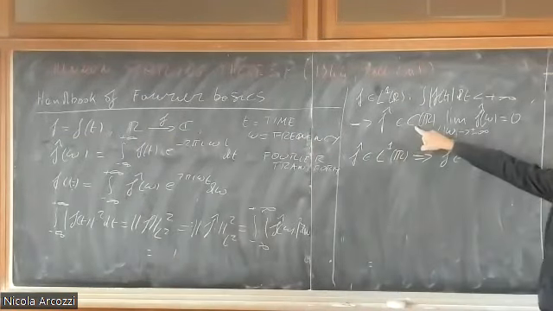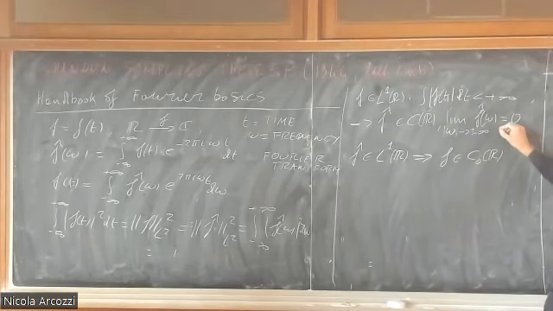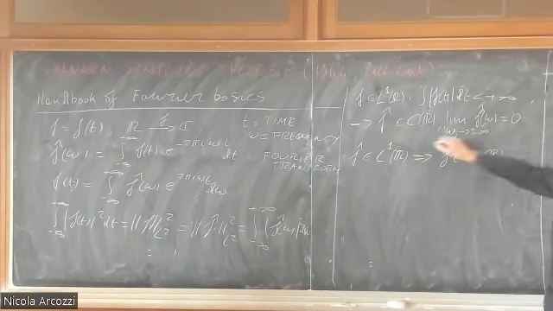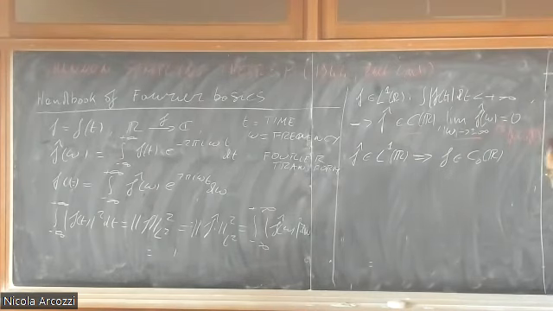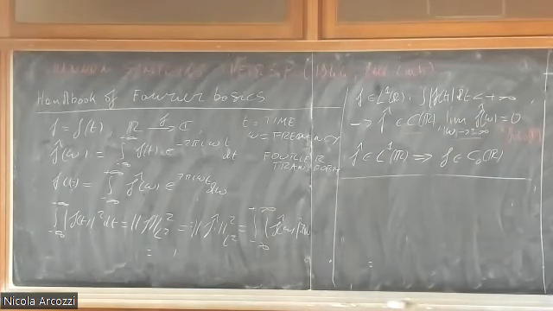C0 of R means that the function is continuous and vanishes at infinity. So to have both things. Okay, that's everything we need to know about Fourier transforms.